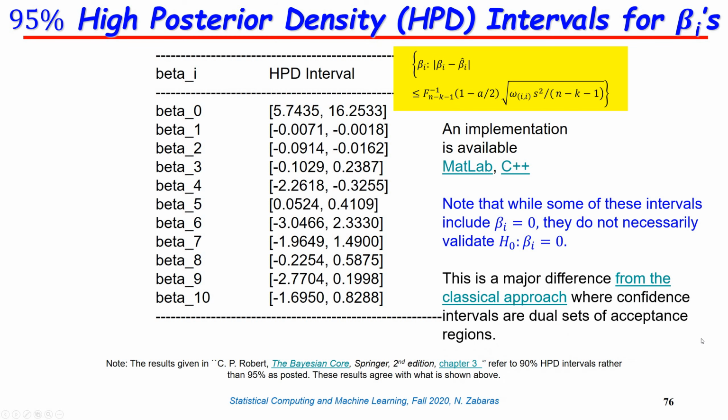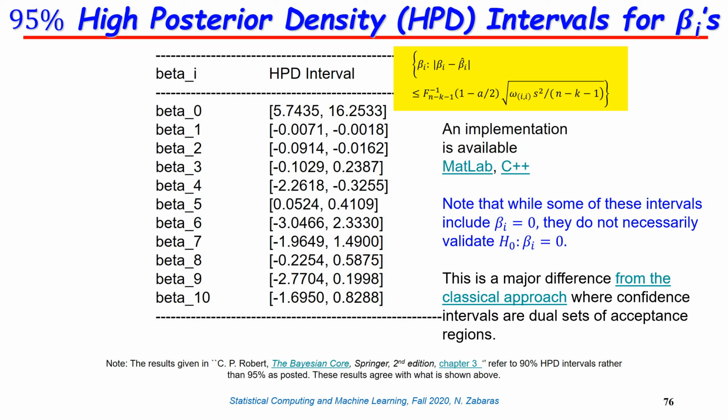What I want to emphasize here is, you remember when we used the frequentist confidence intervals, we looked at them and said, let's see if 0 is contained in that interval. If 0 was contained in that interval, then there was evidence for the hypothesis H0 that a particular parameter beta i, for example beta 3, is equal to 0.